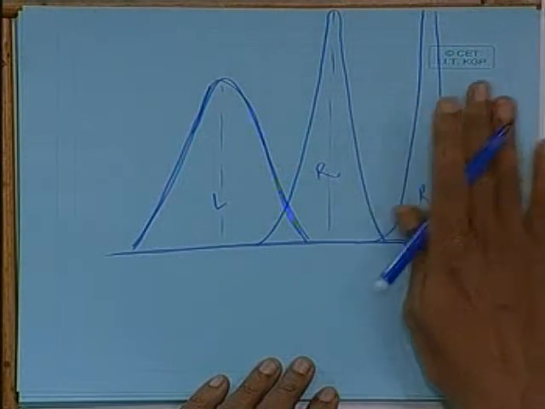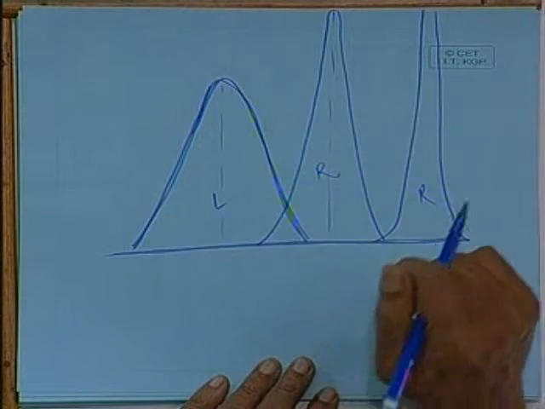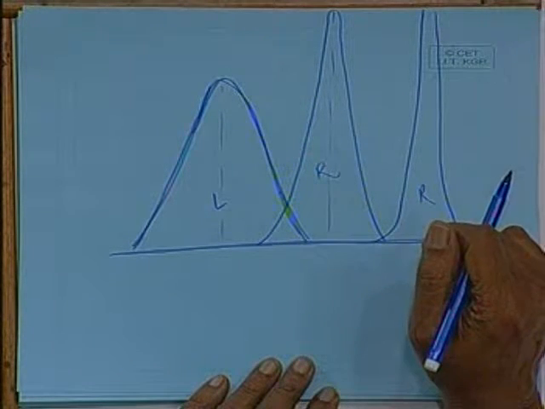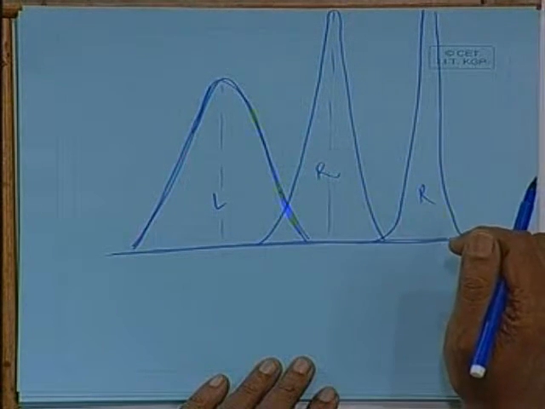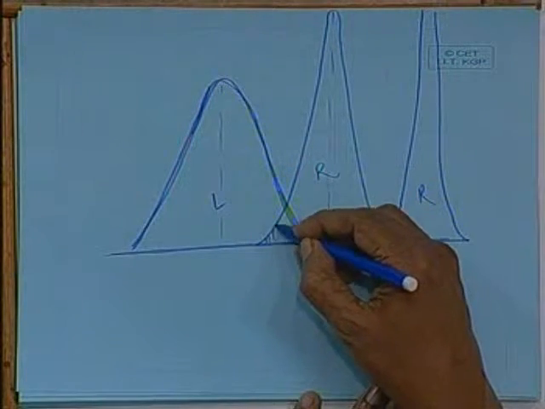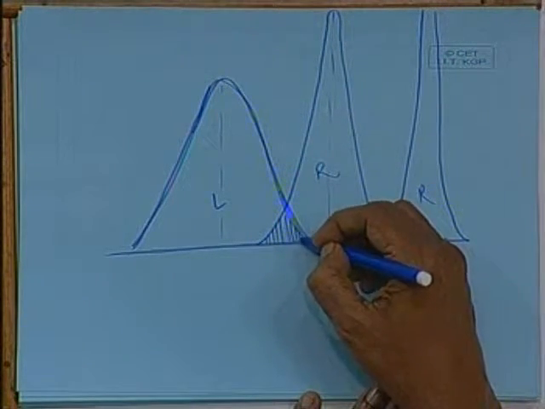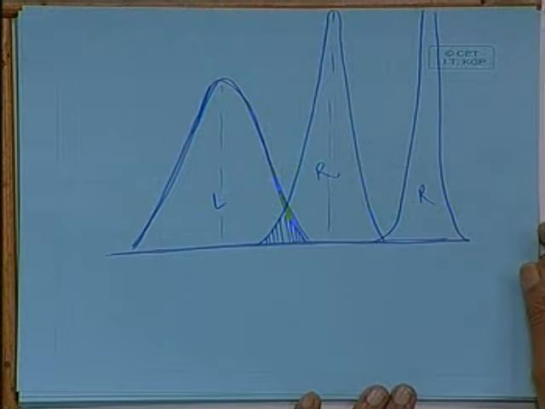We do not discuss this. Let us look at this. So, this is normally our design practice. This gives us some very interesting information, that there is a little bit of area here where resistance is less than load.